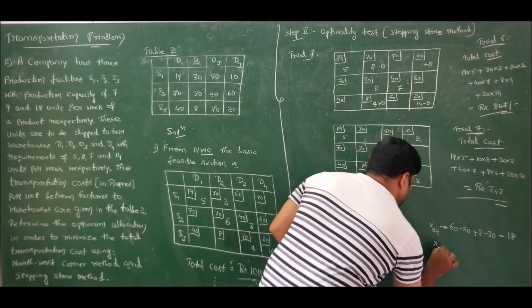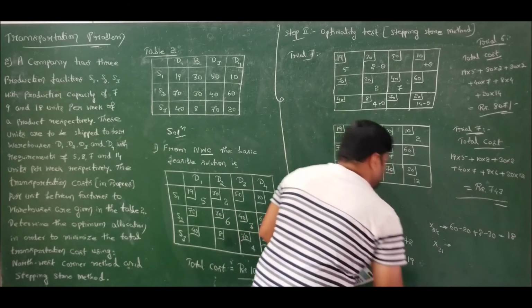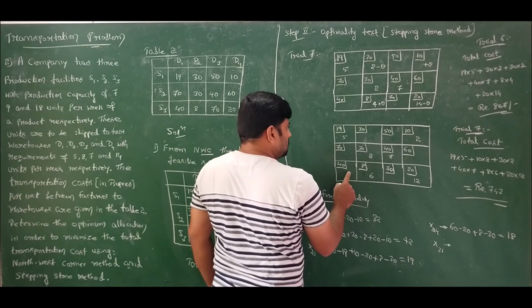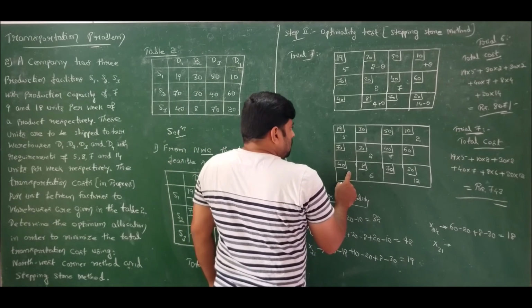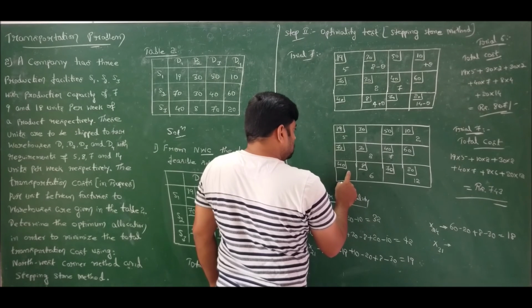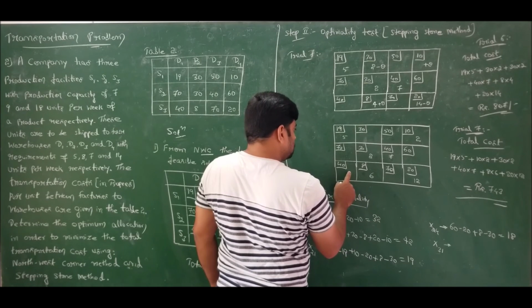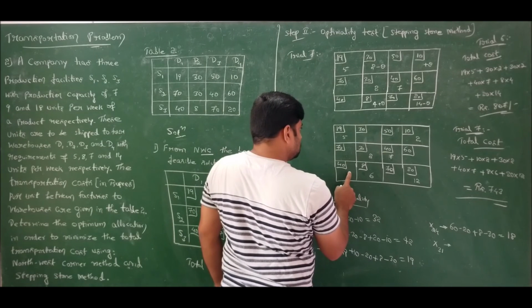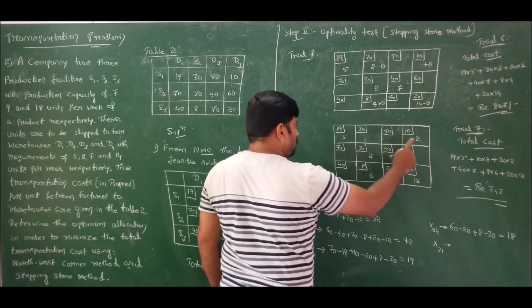Next we have x31. If I check for x31, from here I should form a loop. How do I form a loop? Yes, all the four corners form the loop.